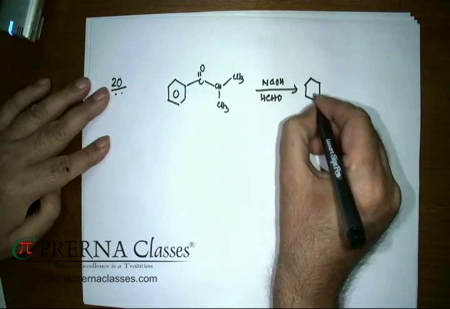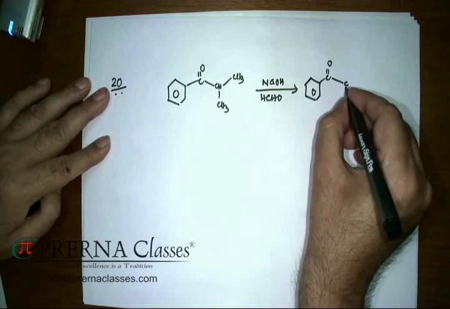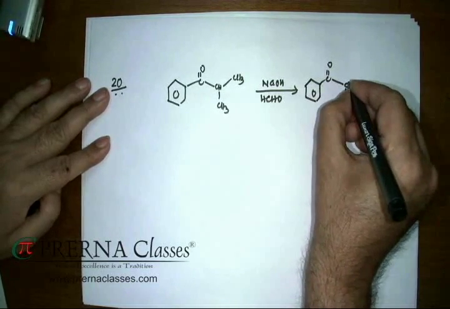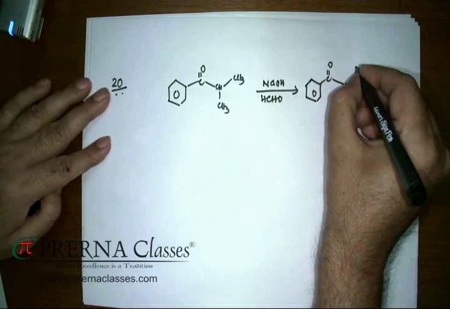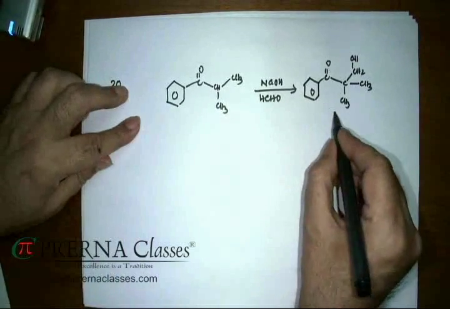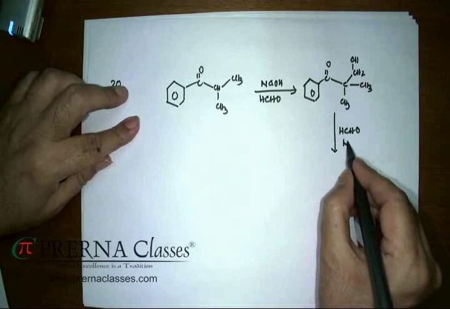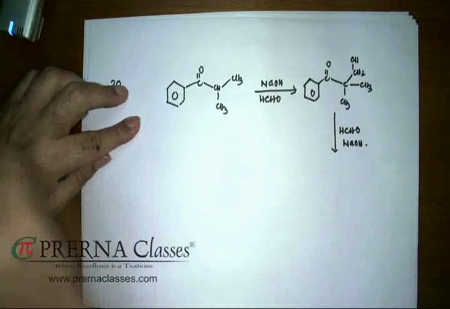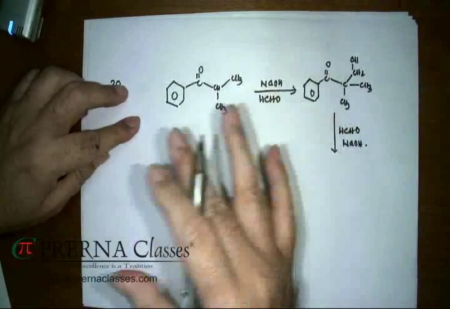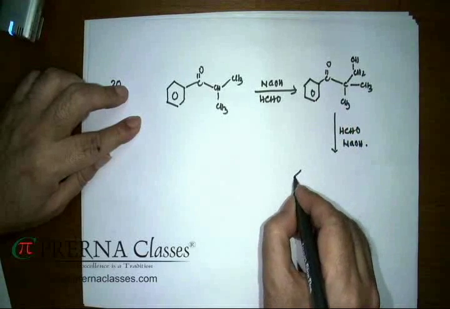It will have a condensation reaction, and the condensation reaction is this. Now this with excess of HCHO and NaOH will go for cross-Cannizzaro reaction. So HCHO will be oxidized to HCOOH. This one will be converted to alcohol.